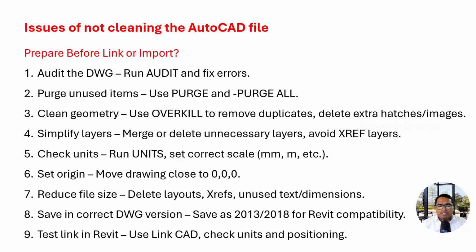Save correct DWG versions, because if you save in a version before 13, Revit might understand something different. So make sure you use a recent version, at least 2018. That will be much more helpful for Revit to process it properly.